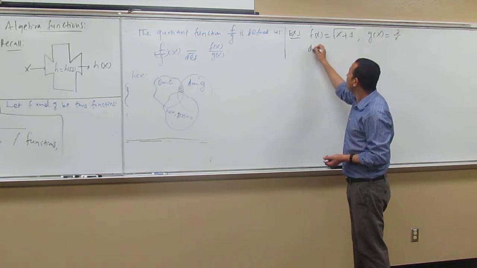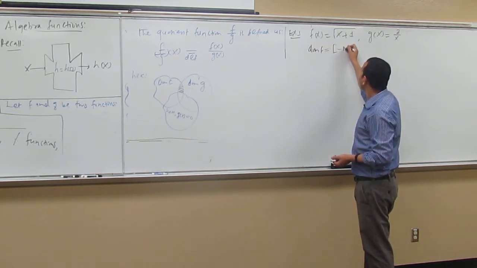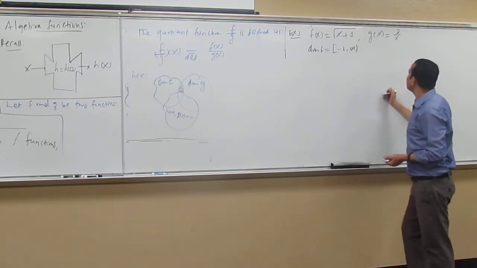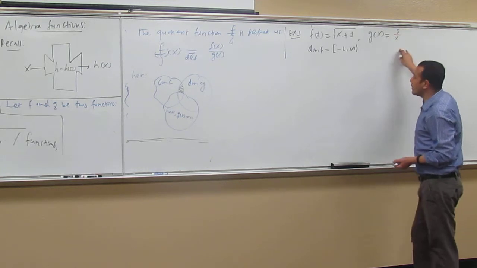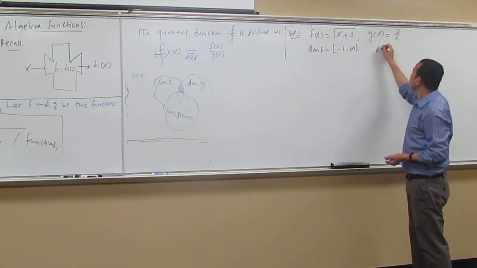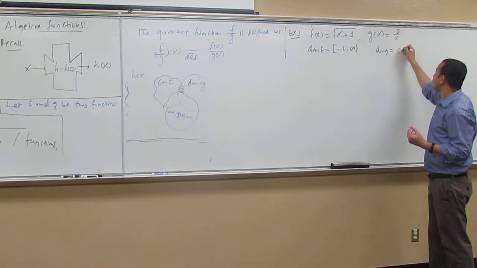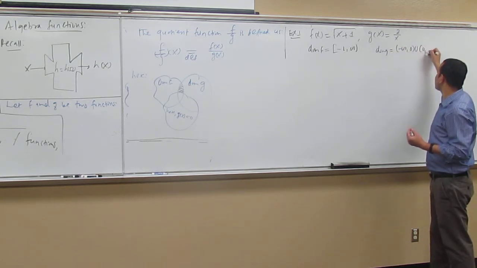So the domain of f will be -1 to infinity. And same here, g is a rational function, so the domain of g will be everything except x equal to 0. So -infinity to 0, union 0 to infinity, I have to exclude 0.